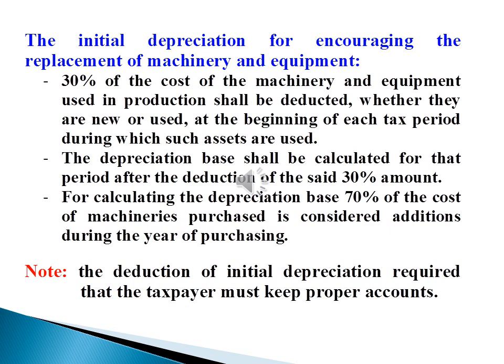The depreciation base shall be calculated for that period after the deduction of the said 30% amount. For calculating the depreciation base, 70% of the cost of machinery purchase is considered addition during the year of purchasing. Note: the deduction of initial depreciation requires that the taxpayer must keep proper accounts.